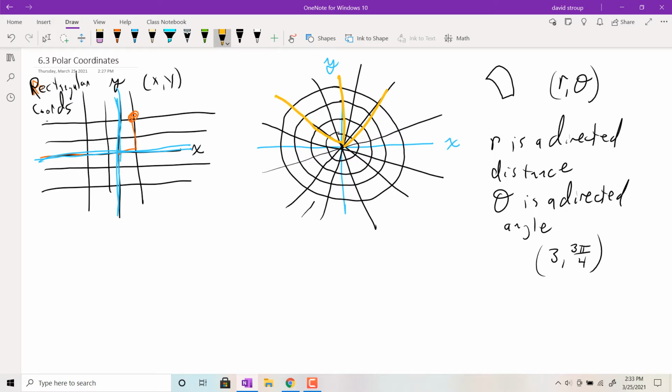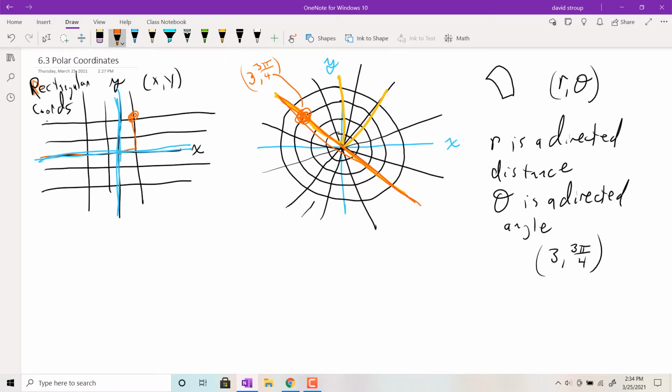So you're somewhere on this line, and you can think of it as extending through the origin. This line here, maybe I should put that in red. If it's a positive 3, you go and count on the little circles out 3. So you go 1, 2, 3, and this point right here is your (3, 3 pi over 4).